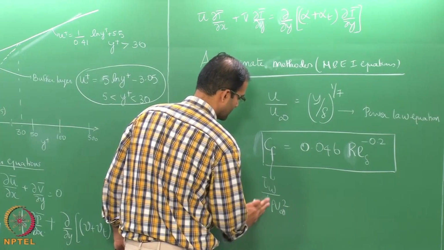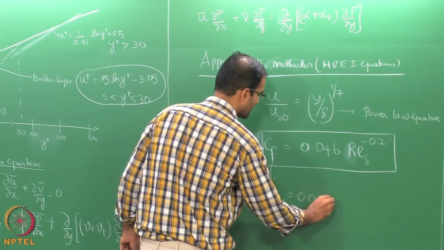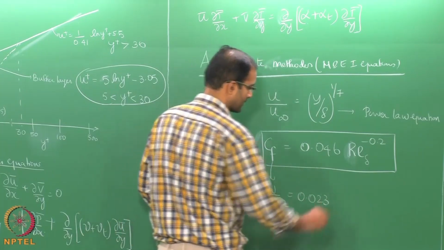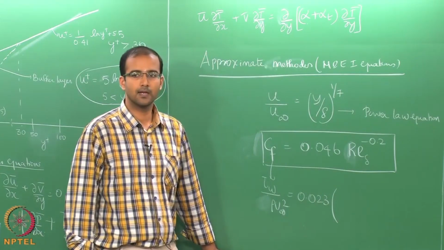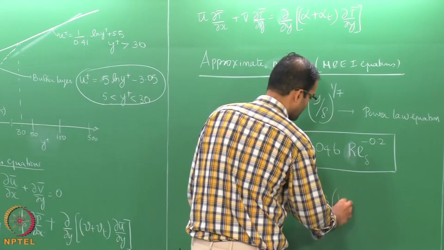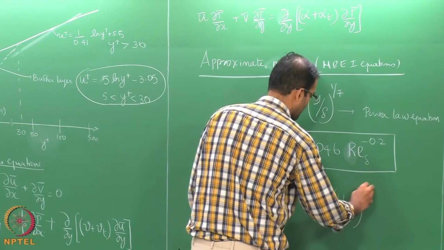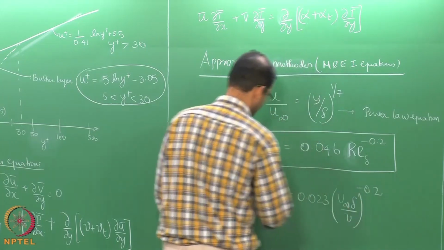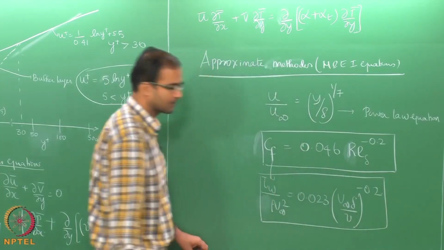So, therefore, if you take the half on the right hand side, this becomes 0.023, and this Reynolds number is based on the boundary layer thickness. Okay. So, therefore, this will be u infinity delta by nu to the power minus 0.2.